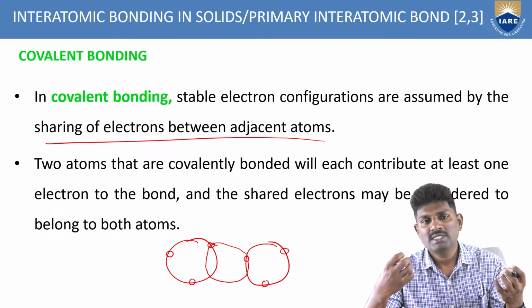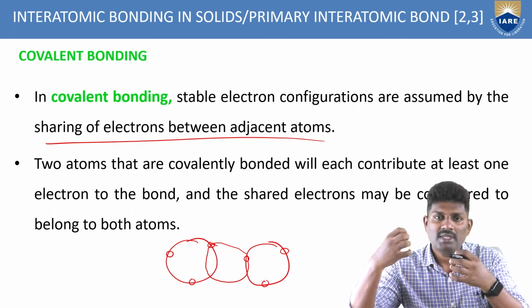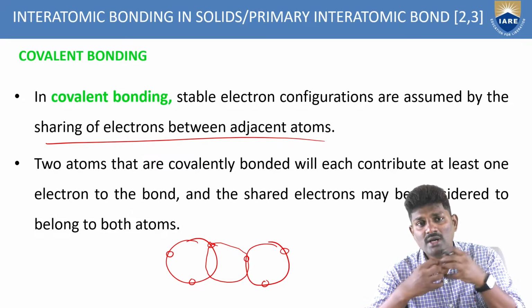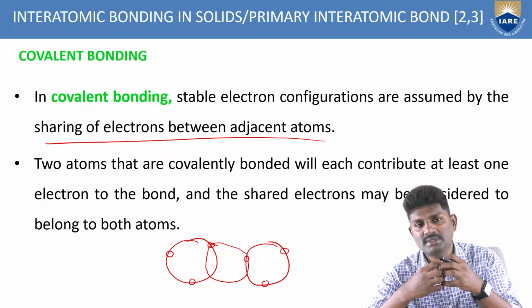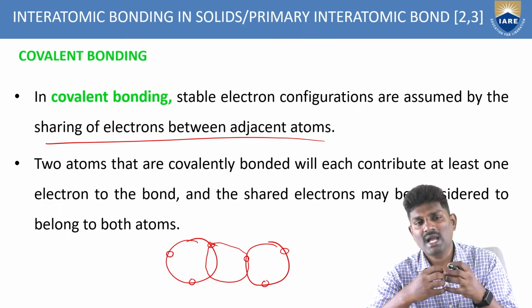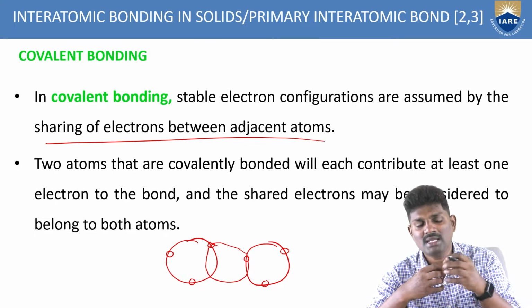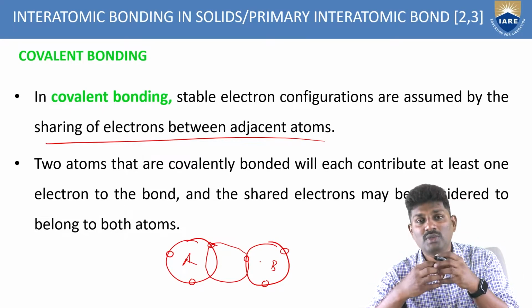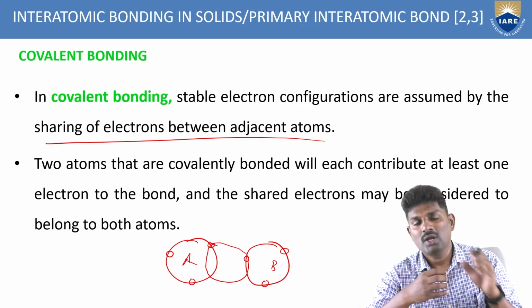So when you're sharing from this to this and from here to here also, it has to be shared. So that's why there is a strong bonding between these two materials. Sharing of electrons will exist when both the atoms share, so that you get a covalency nature. So here A is sharing as well as B is also sharing. Since A and B are sharing with each other, they will have a covalent bond.